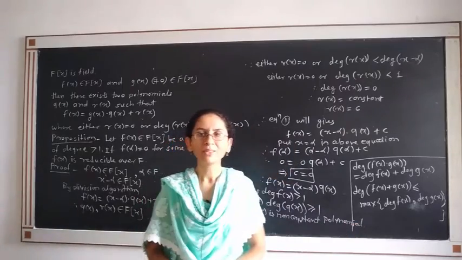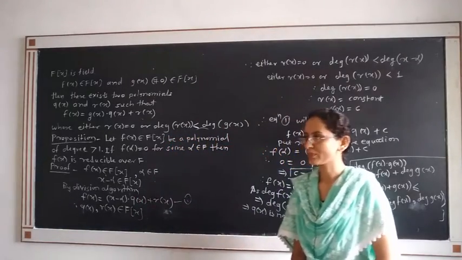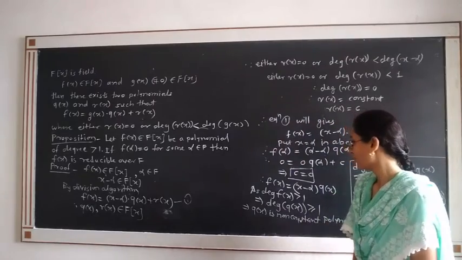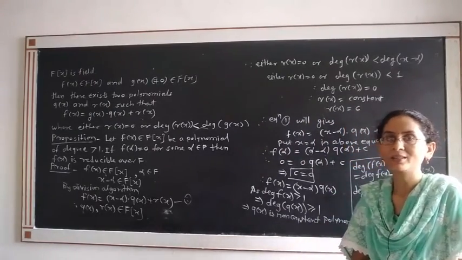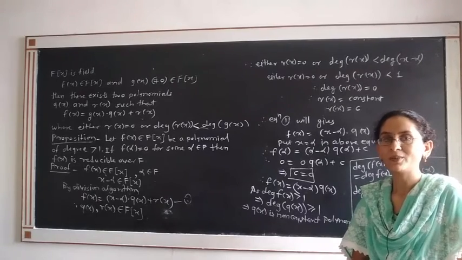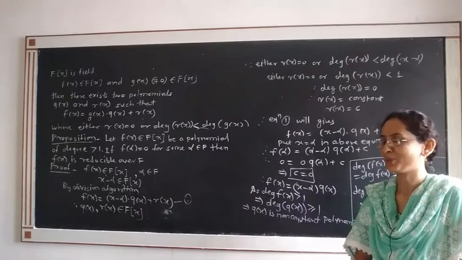Therefore, what is the definition of irreducible polynomial now? The irreducible polynomial is what? If f(x) is factored into two factors and one of those factors is a constant, then we say that f(x) is an irreducible polynomial.